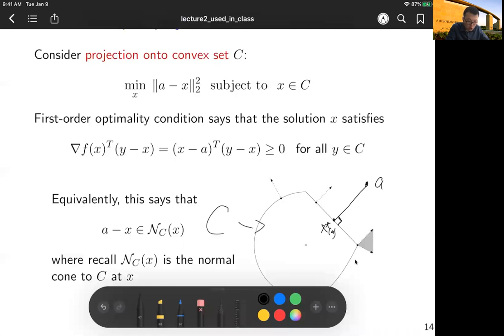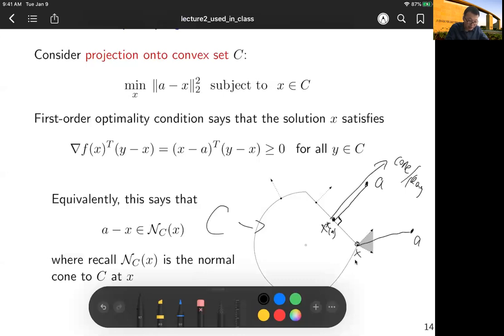So what is a normal cone? The normal cone at X star happens to be this cone, this ray. And what it's saying is that A minus X is inside this normal cone. What if A is right here? The closest point in this convex set from A is this particular point.